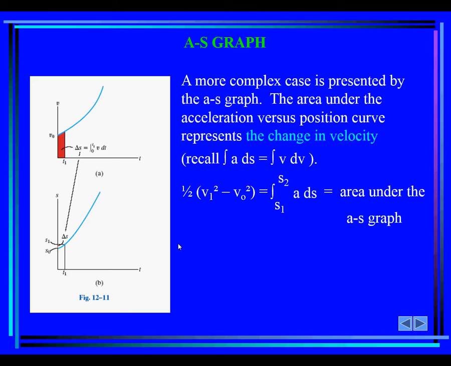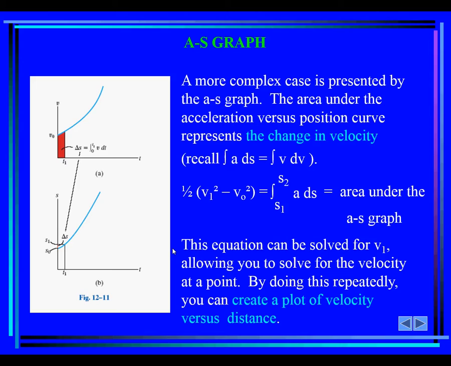We had 1/2 of v1 squared minus v sub 0 squared, and the integral of a ds is the area under the curve a versus s. So this will allow us to solve for the velocity at any point. You could create a plot of the velocity versus distance if we have the acceleration versus distance.